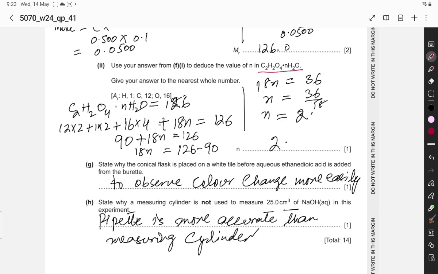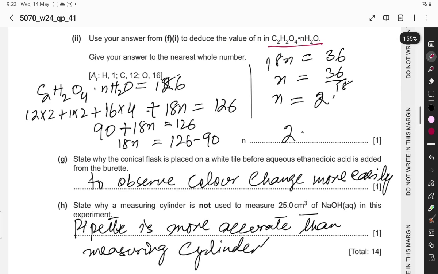The Mr of C2H2O4.nH2O is equal to 126. Carbon's relative atomic mass is 12 times 2, plus hydrogen is 1 times 2, the number of atoms is 2. Oxygen's atomic mass is 16, and the number of atoms is 4. The Mr of water is 18. So 18n is equal to 126.